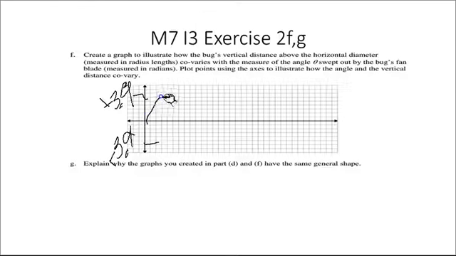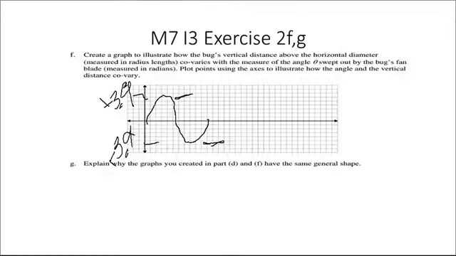Okay, and again. So the important thing to acknowledge here is that under any circumstances in the context of this circular motion, or this bug being on the tip of the fan blade, its maximum height it can achieve and its minimum height it can achieve is always going to be one radius length.